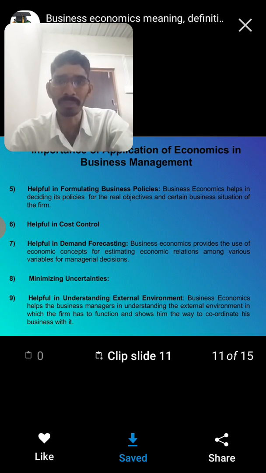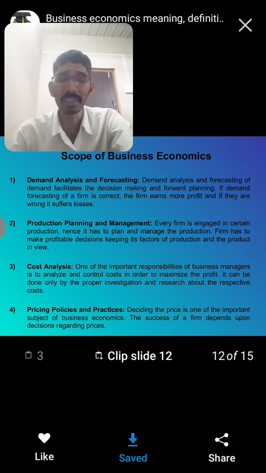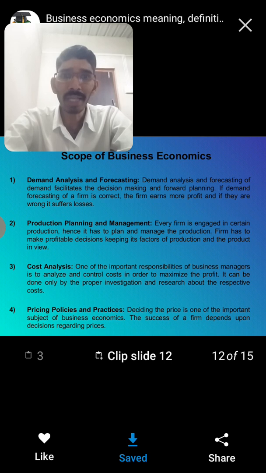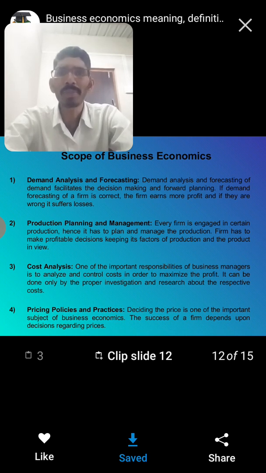Already we know that business economics is studied very deeply and broadly. The first one is demand analysis and forecasting. Every business firm analyzes the demand and forecasts the demand for the commodities produced by the firm or company, because demand analysis facilitates decision making and forward planning.